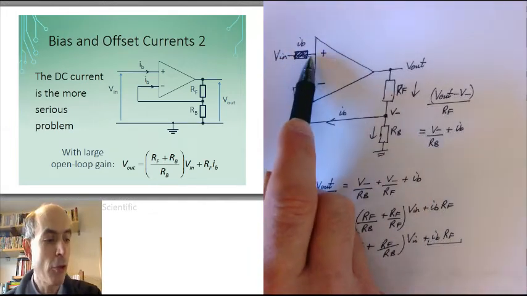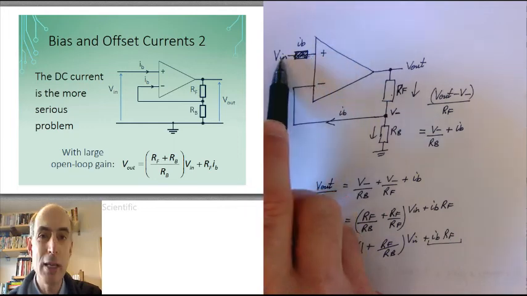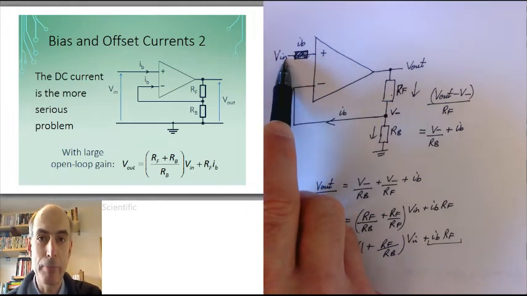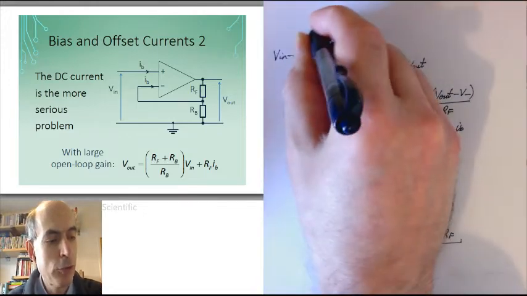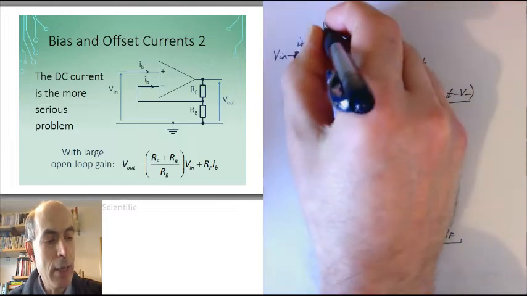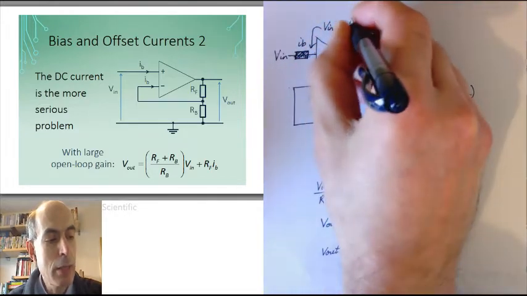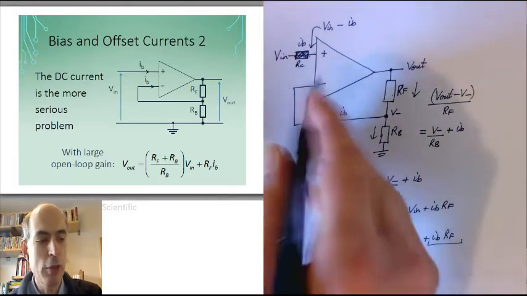So, the voltage on the non-inverting input of our op-amp is no longer equal to the input voltage in our amplifier, Vin. Now what happens is that the voltage on the non-inverting input is actually Vin minus IB times, I'll call it RC for compensation resistor.